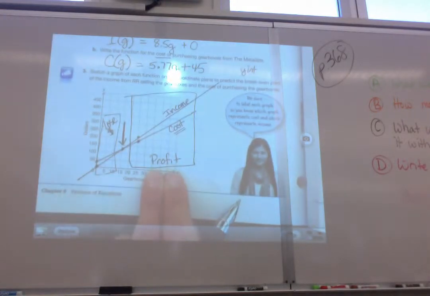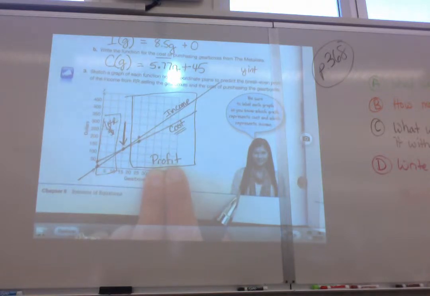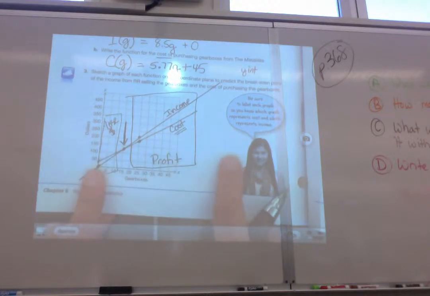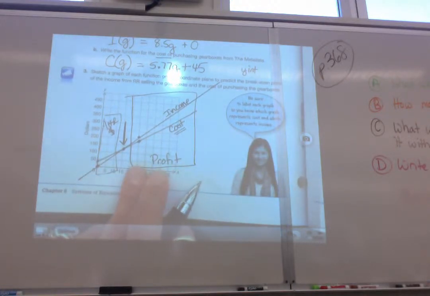Why is that? Oscar, why is this profit? It's the money made, but how do we know that from looking at these two lines? They drift off more, but what's it? It's past the break even, and what do you need to be the higher amount to make a profit?